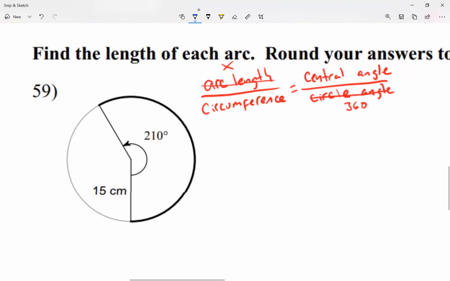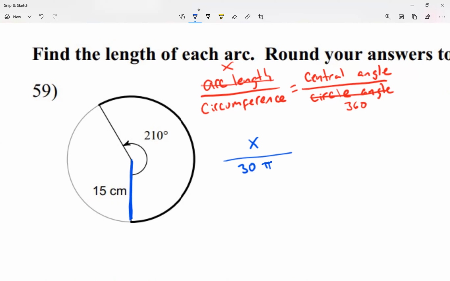So I'm going to say X over the circumference. I know my radius is 15. Remember, radius is this measurement right here, from the center of the circle to the way out. The circumference, the distance around the entire circle, is going to be 30 pi.